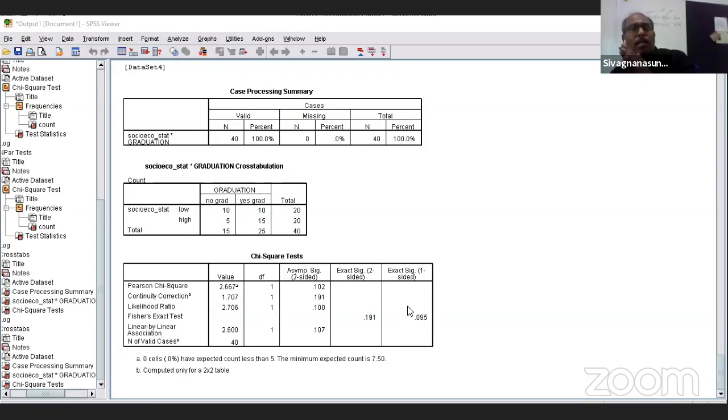There is no association between the variables. So whether your null is getting accepted or rejected: if your significance value is less than 0.05, your null is getting rejected. Here null is getting accepted. So what does it mean? It is greater than 0.05. What does it mean? There is no association between socioeconomic status and graduation.